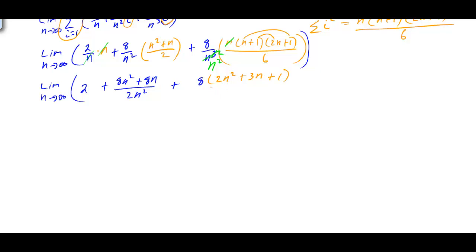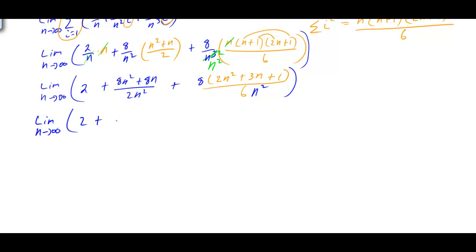And all of this is still divided by the 6 and also the n squared that we have out front. All right, we're getting closer to a point where we can take the limit. We'll do one more simplification, and we'll be in good shape.